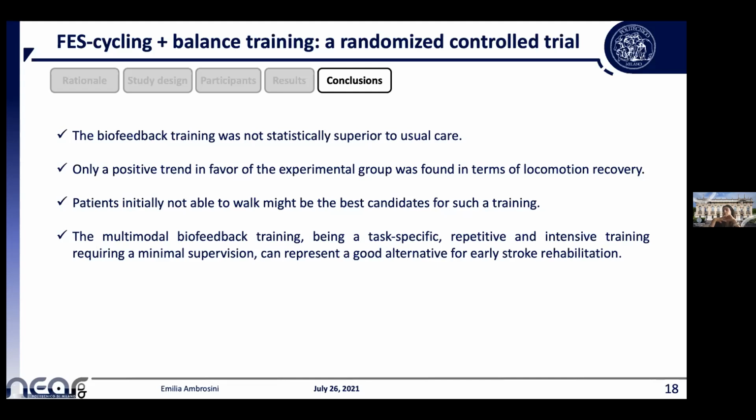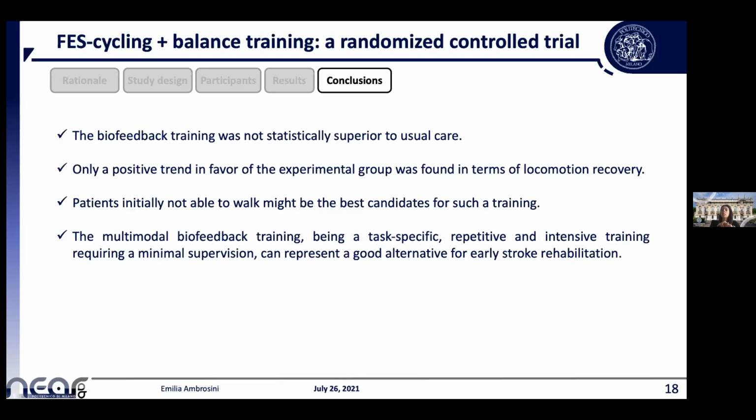So my idea on this is basically that all patients were involved in the same amount of treatment. And if patients were already able to walk, in the control group there was not any type of robotic gait training. They were performing standard gait training with the physiotherapist, so not with body weight support or exoskeleton or robotic devices.